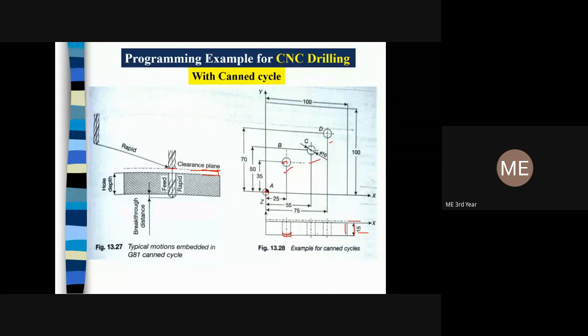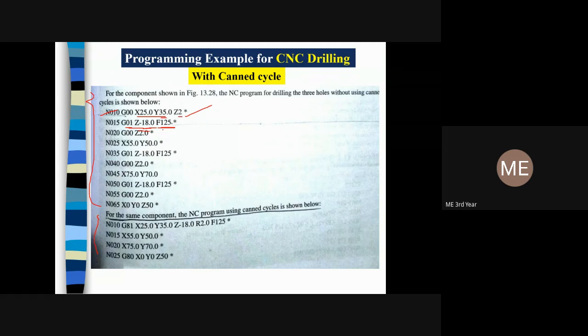Now I want my drill to go 1 millimeter below the lower portion of the workpiece. That's why I gave 18 millimeters, with the desired feed rate of 125 millimeters per minute. Now the next sequence number, G00 and Z2.